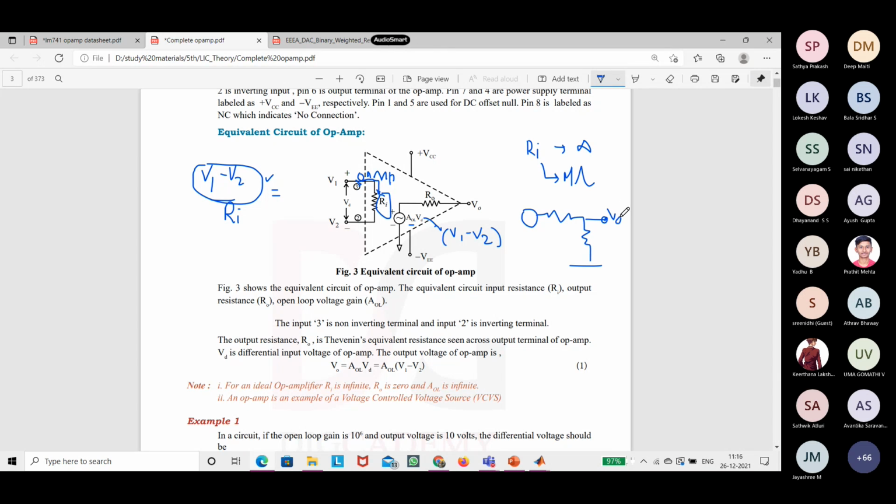So this is the R load, and this is the R out of the op-amp. To get the proper output voltage, the output resistance of the op-amp should be as low as possible. So this has already been treated as 0 or in the order of milliohms.